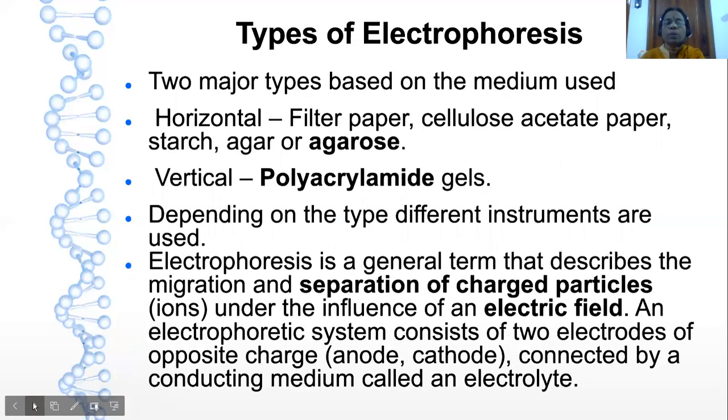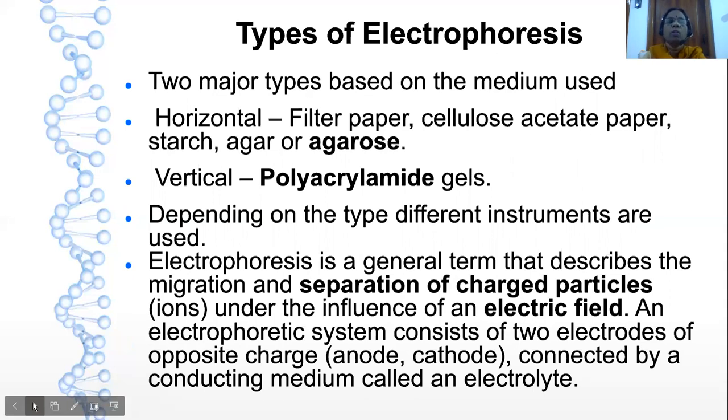Based upon the molecules, there are two types of electrophoresis. These are vertical gel electrophoresis, commonly known as polyacrylamide gel electrophoresis, or sometimes SDS-PAGE in short.